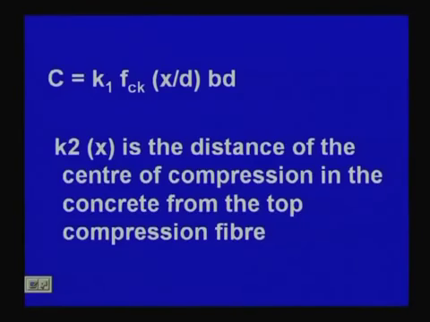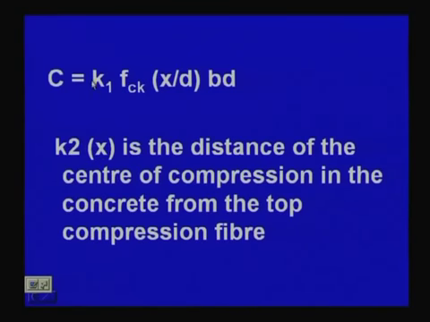We have already derived this equation C equal to K1 fck x by D times BD. These two should be suffix. So K2 times x is the distance of the center of compression in the concrete from the top compression fiber. That I am repeating number of times.